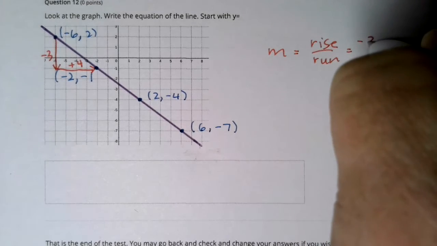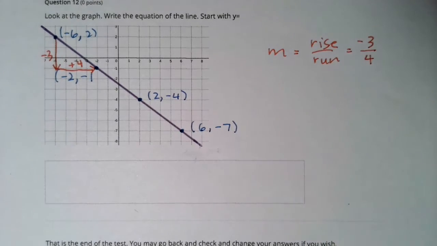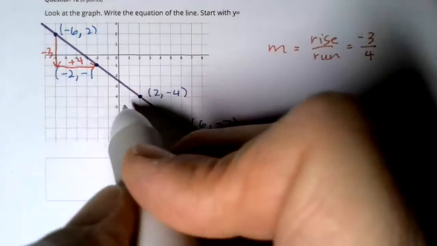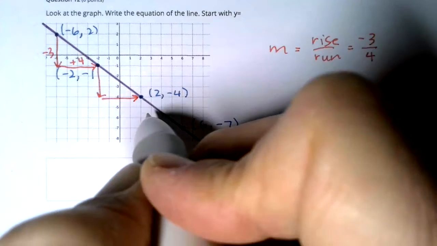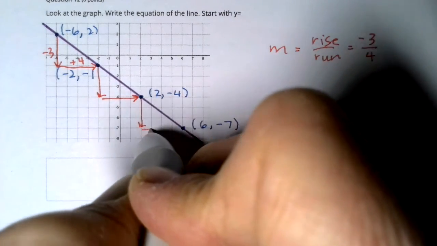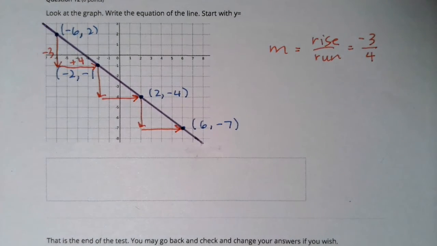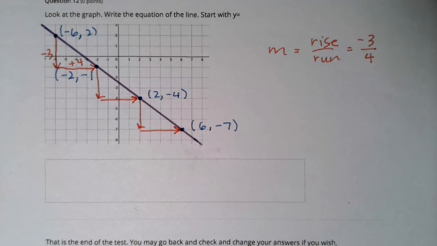It is going to be -3 over 4. And that follows through. If I go down 3, right 4, that is going to be the stair steps all the way down my graph, the same pattern. And if I went on the other side, it would simply flip where the negative was, but my slope is negative, so -3/4 is our slope.